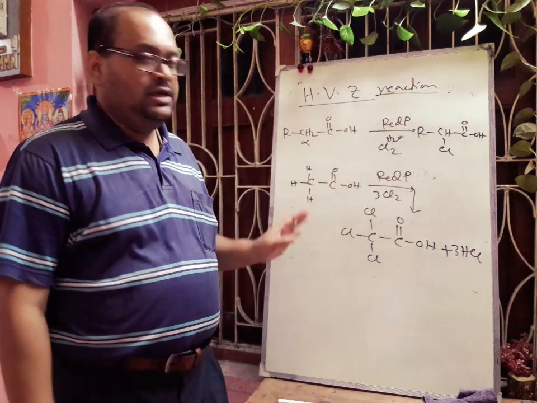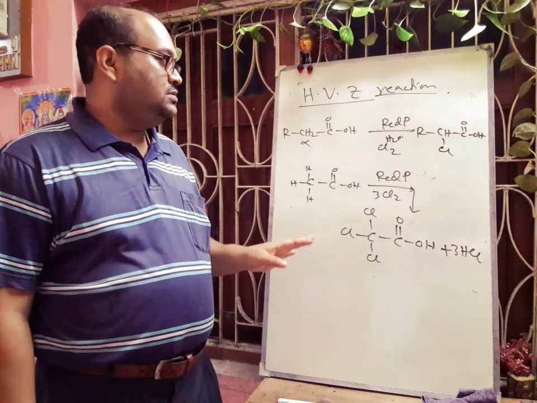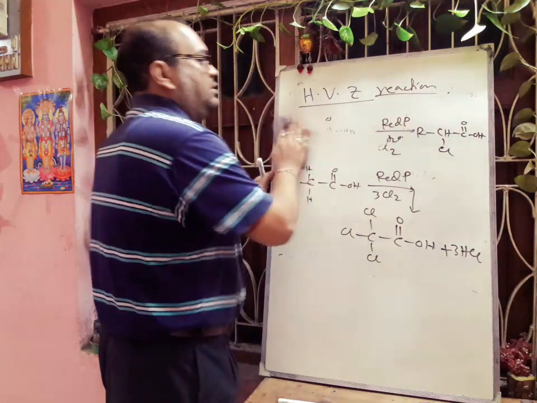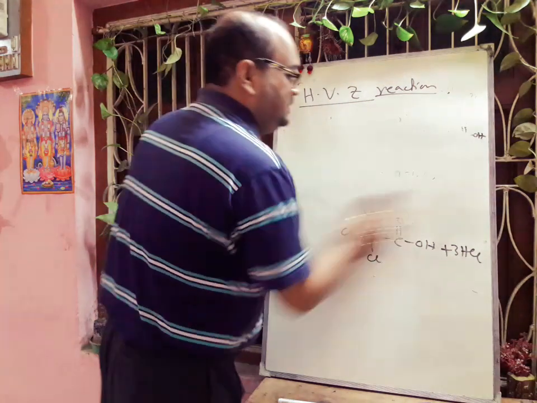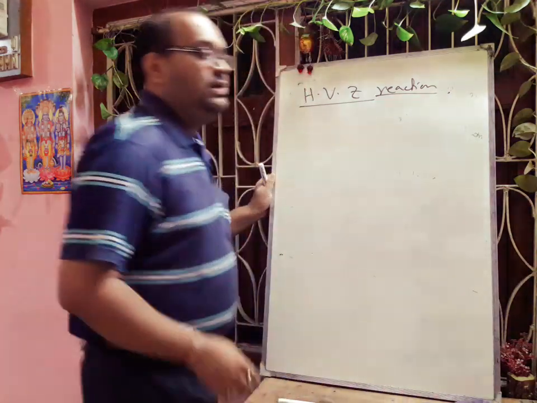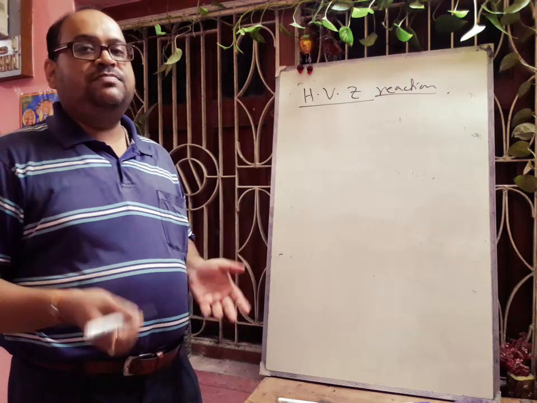And there is much significance of this type of reaction. Before going to the significance, here I am showing the reaction of HVZ with bromine. If we take bromine in place of chlorine, what will happen? The same thing will happen, the alpha hydrogen will be replaced by bromine.